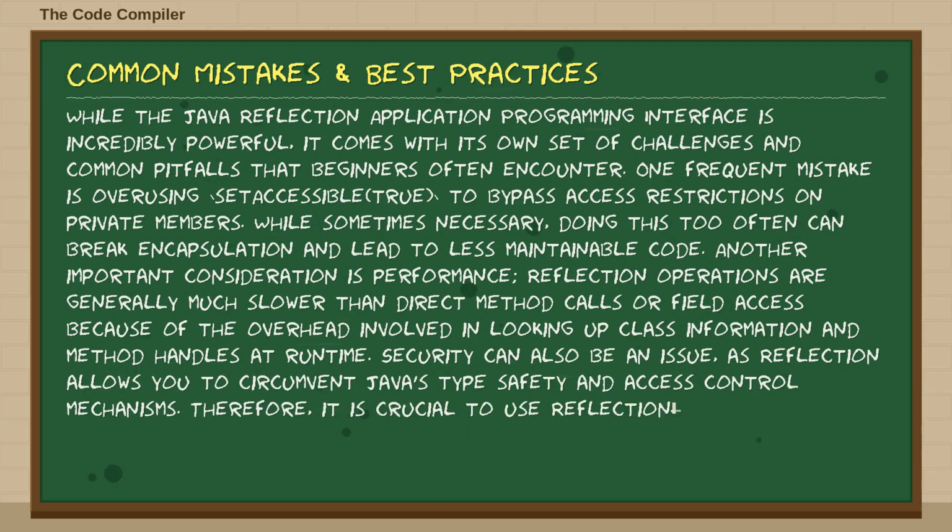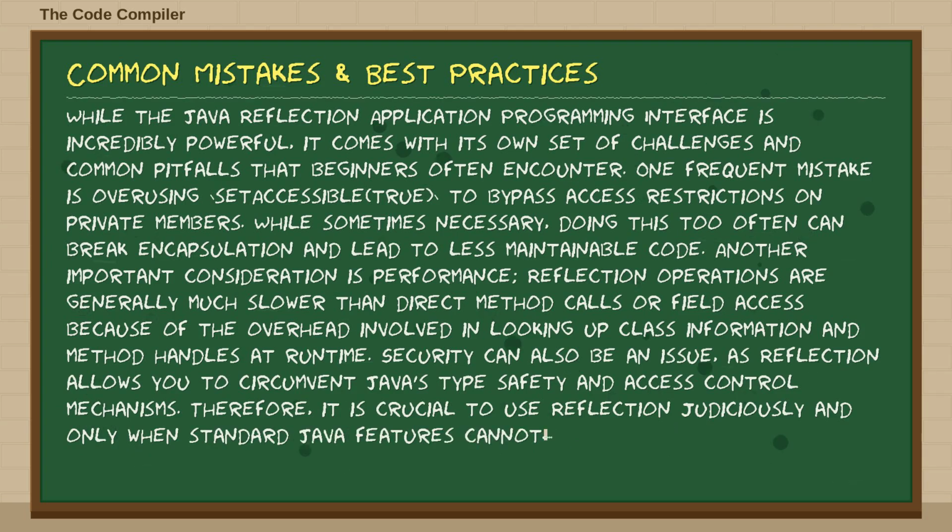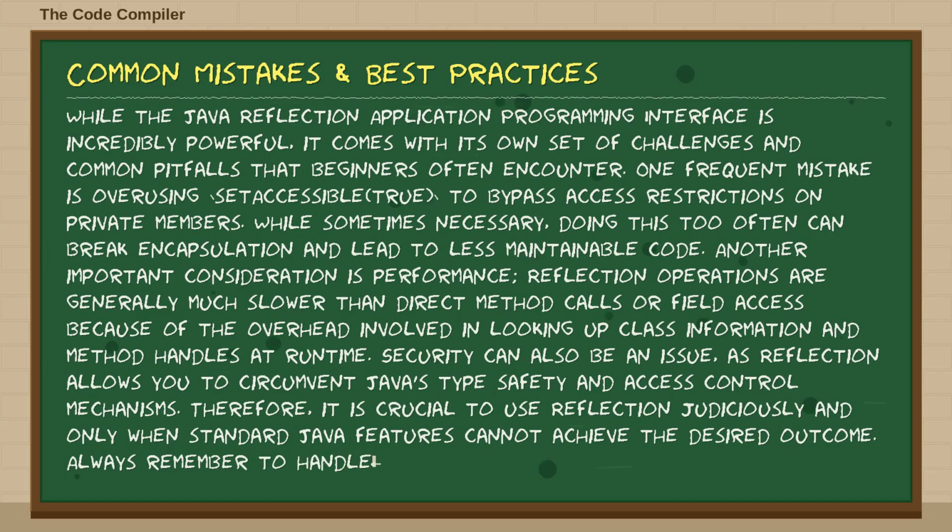Therefore, it is crucial to use reflection judiciously and only when standard Java features cannot achieve the desired outcome. Always remember to handle exceptions properly, as many reflection methods can throw checked exceptions.